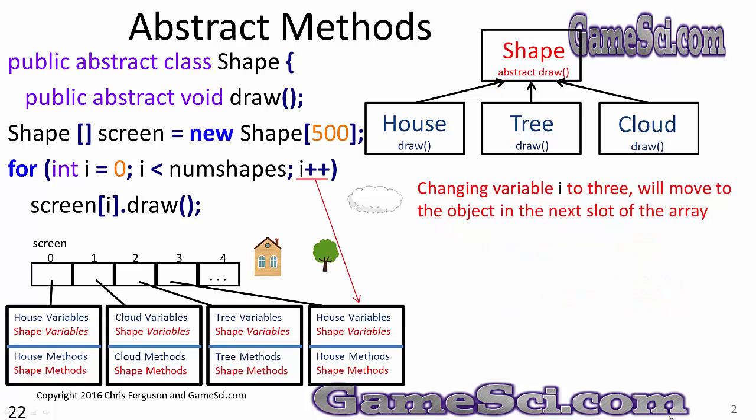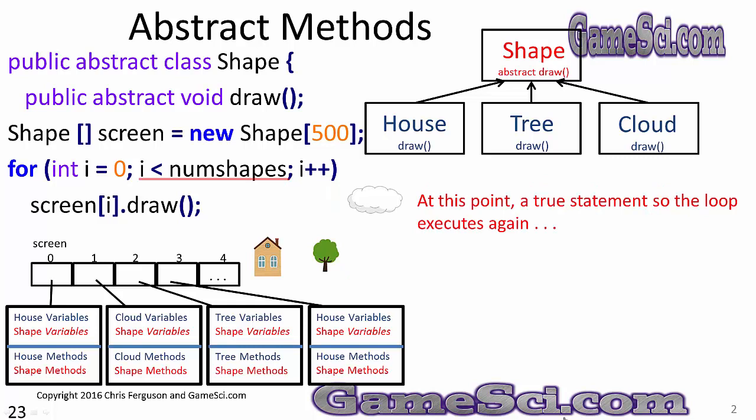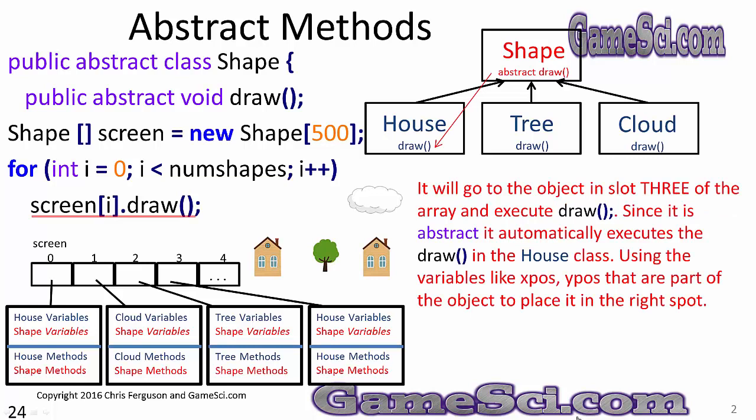I++, changing the variable I to 3, will move it to the object in the next slot of the array. You can see where the arrow is saying, okay, I'm pointing to the same object as slot 3. I less than num shapes, at this point, still a true statement, so the method executes again. Screen subscript I dot draw.